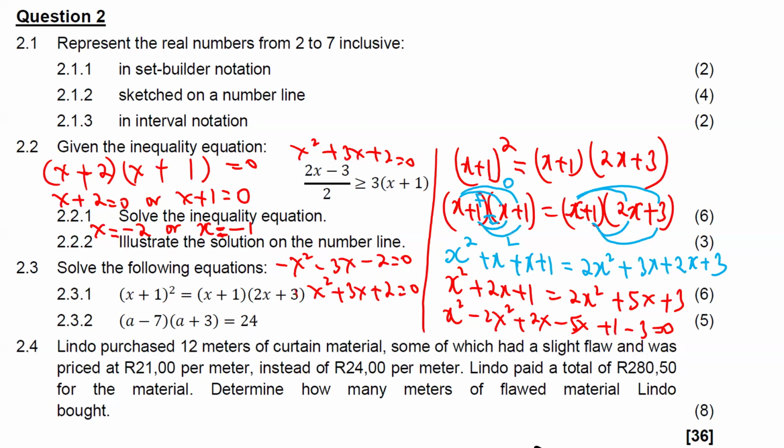Then our FOIL method is going to be x by x, it's x squared. And then you say x by 1, it's still going to be x, 1x.